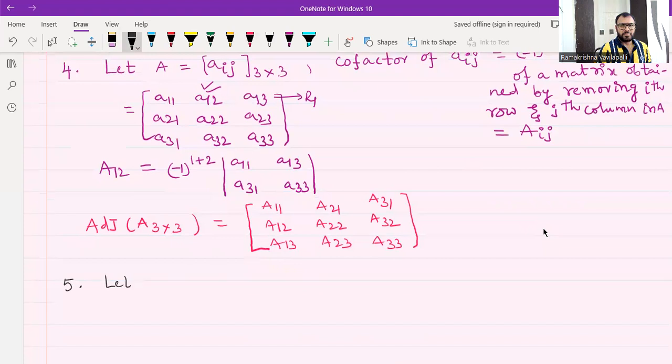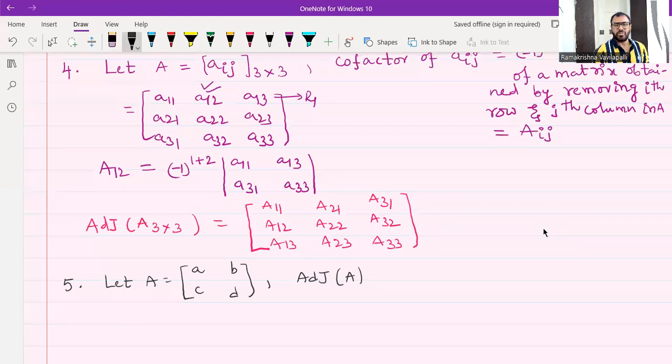Let A equal to A, B, C, D. In this video, I assume that you know how to find the determinant of a matrix. Then what is adjoint of A? Interchange these two, nothing but D, A, and keep negative signs for the remaining elements, like this.